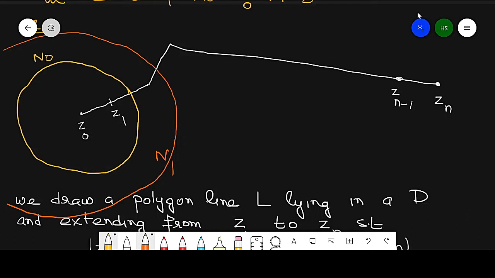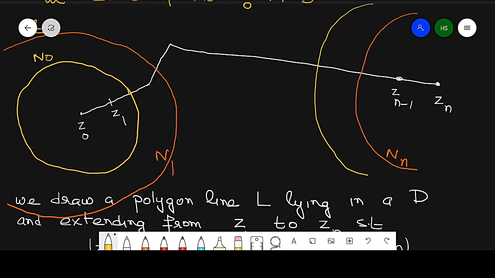Similarly, in this case, this is a neighborhood N whose radius is d, and next is z_n minus 1. So this is a neighborhood n minus 1. What we see is that z1 belongs to the previous neighborhood n0, and similarly z2 belongs to n1.